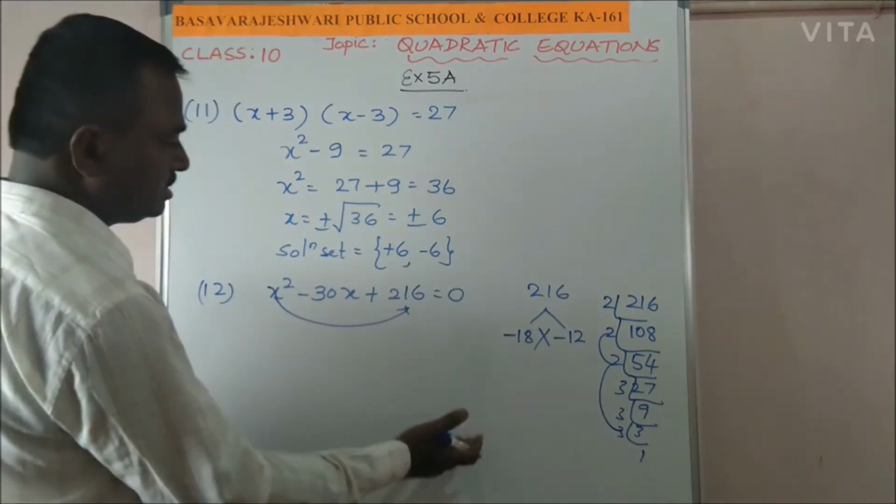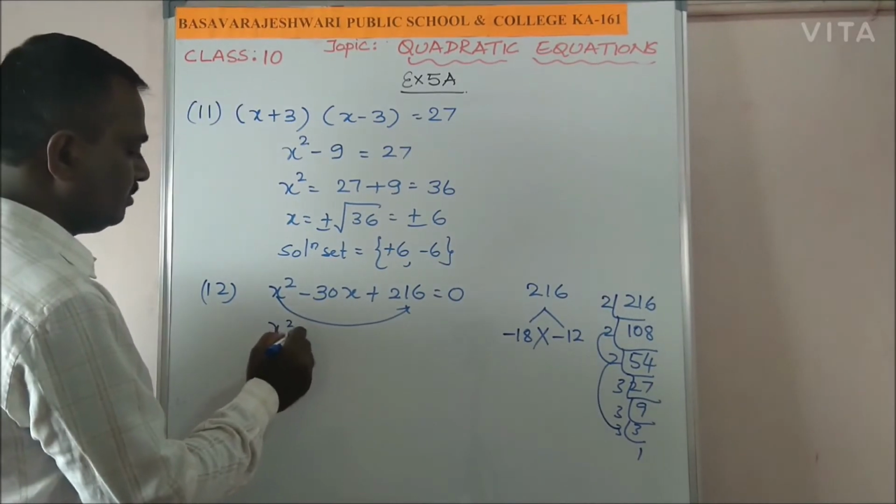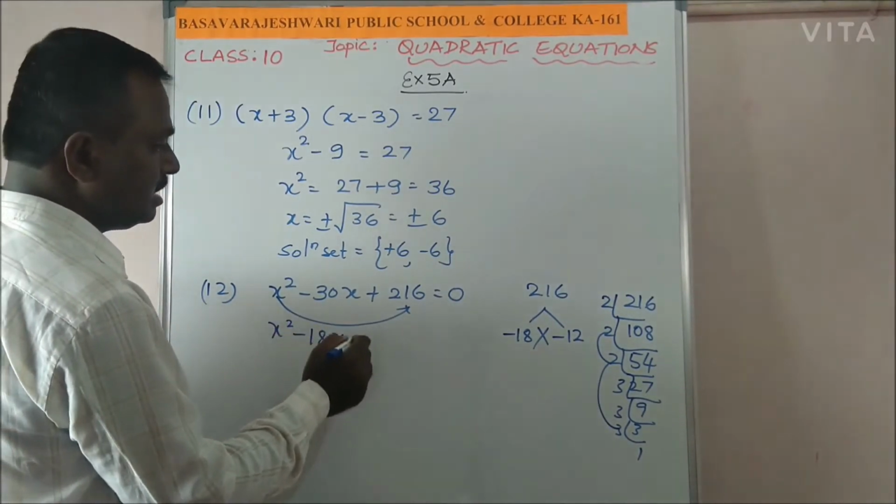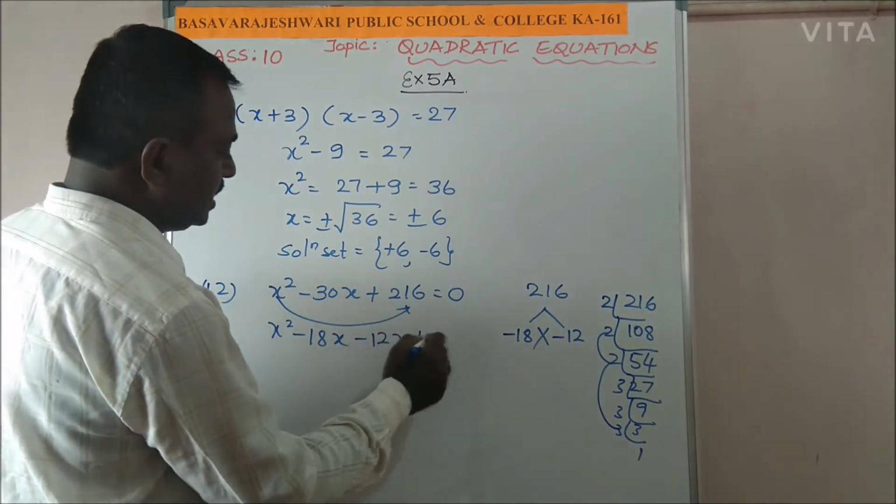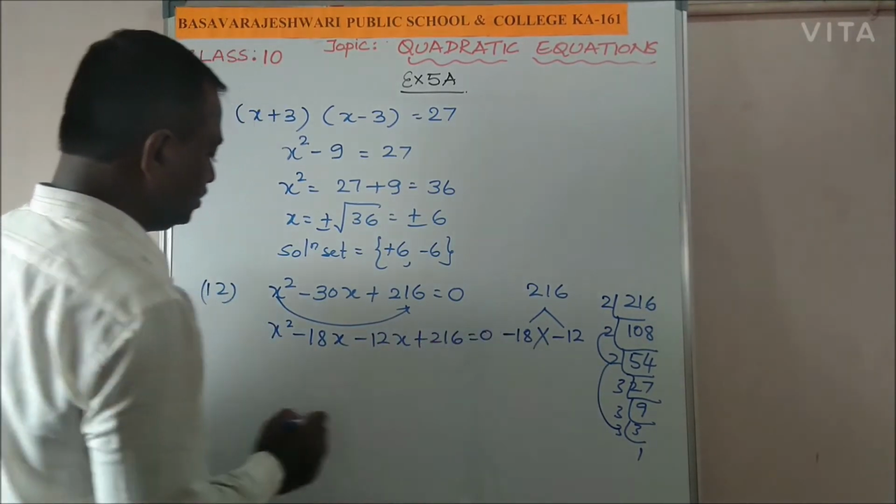Correct? Minus and minus is plus. So x square minus 18x minus 12x plus 216 is equal to 0.